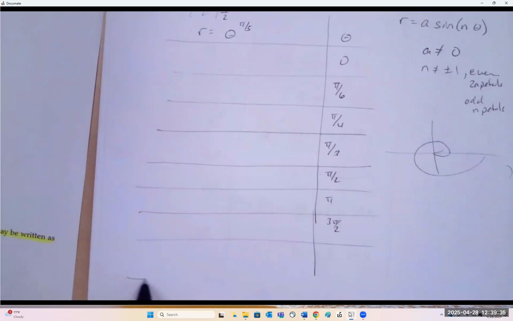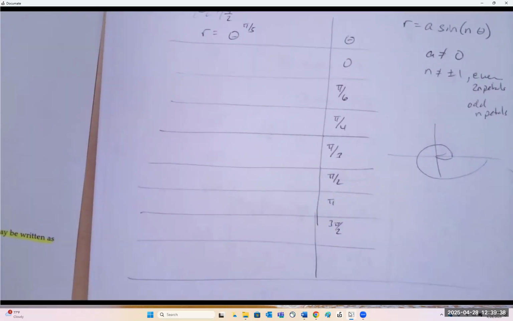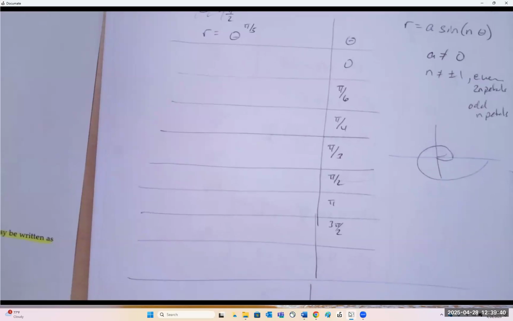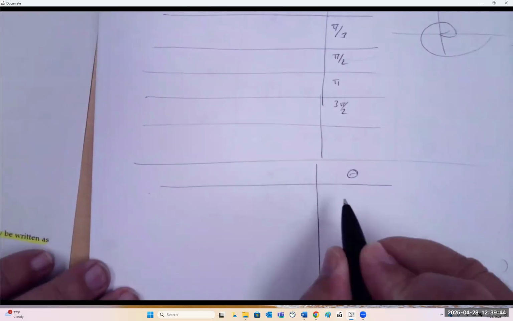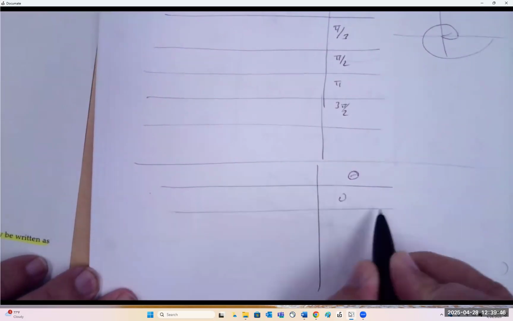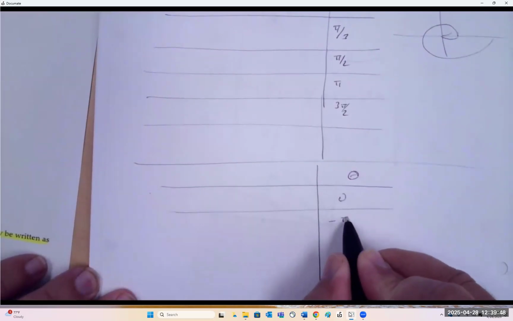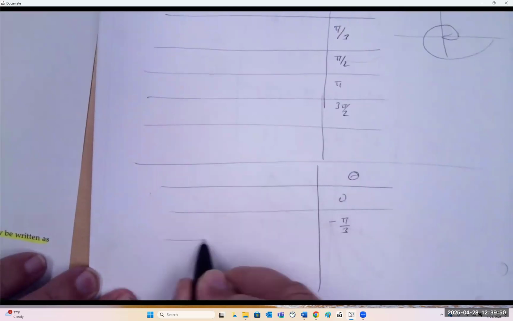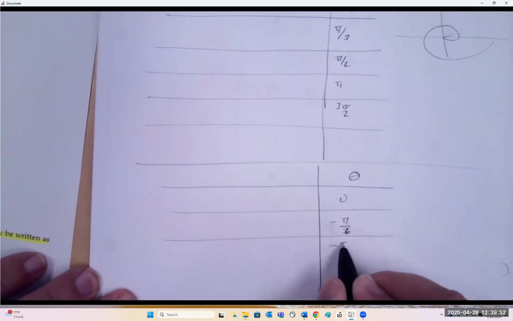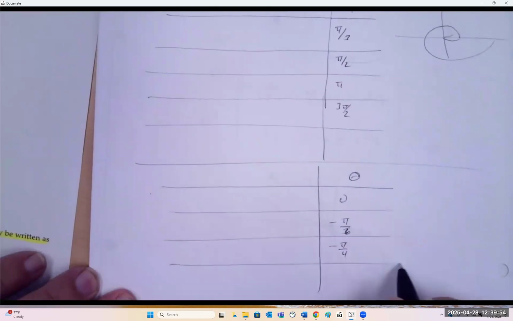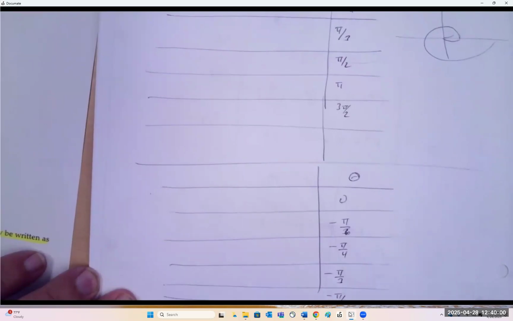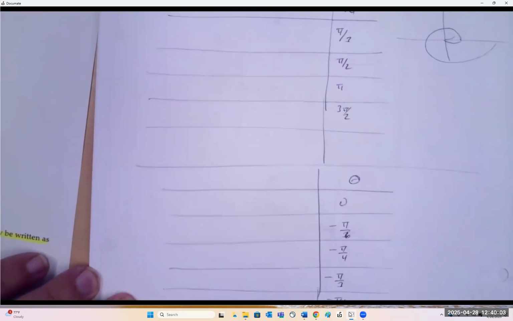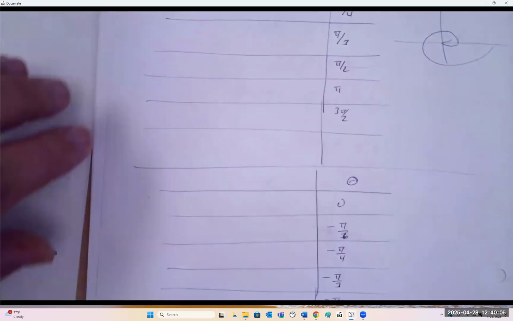And then we have to do the negative side also. We have 0, negative pi over 6, negative pi over 4, negative pi over 3, negative pi over 2, negative pi, and same as the other one.